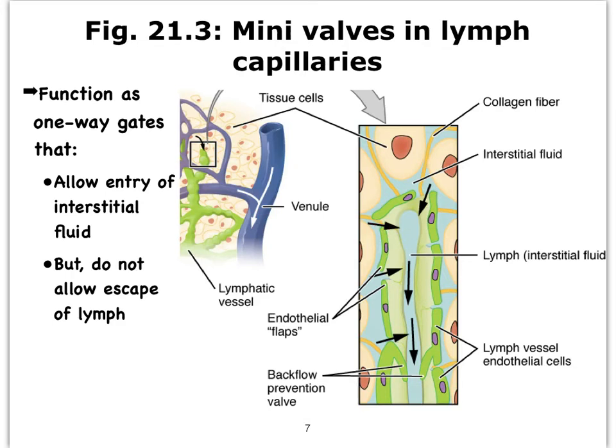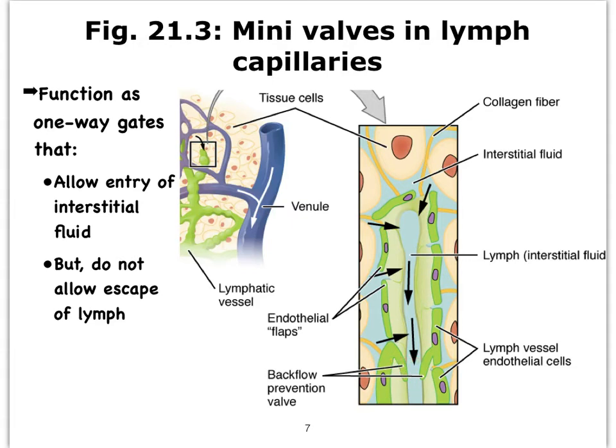On the other hand, when the fluid starts to collect inside of our lymphatic capillary, and the pressure now begins to rise inside of the lymphatic capillary, the valves work such that there is no backflow possible. So the fluid can easily enter, but the way the valves are formed is such that the fluid cannot easily get out.